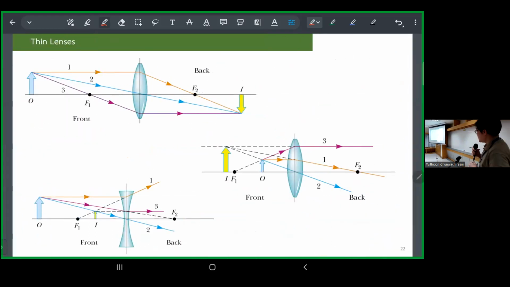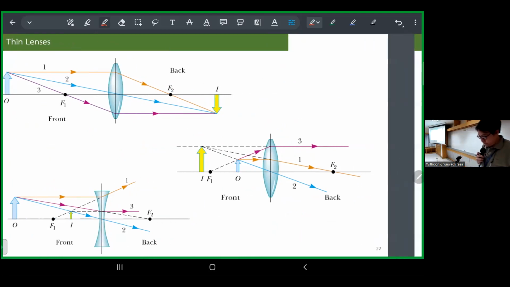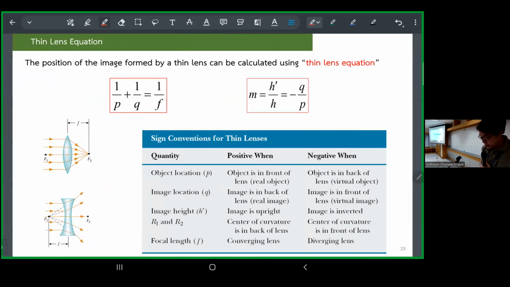All right, so that's what it is. Now, to calculate, or if you want to do the ray tracing, what I want to point out is they all look the same. But instead of having things reflected back, it just flips to the other side because you let the light through. That's all. So the geometry has no difference. Equation-wise, no difference. You only need these two equations one more time. That's it, guys.